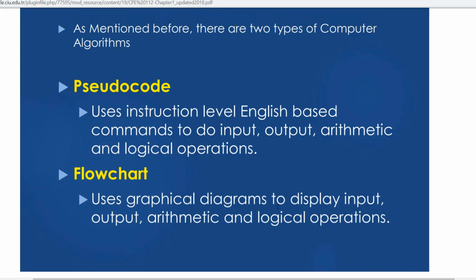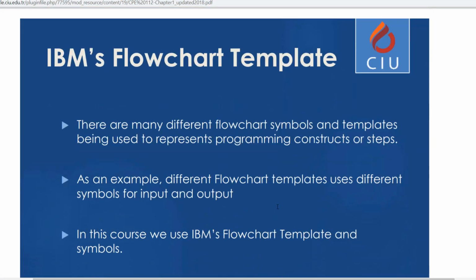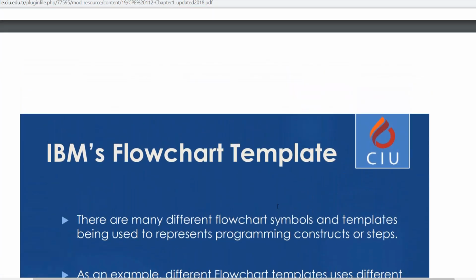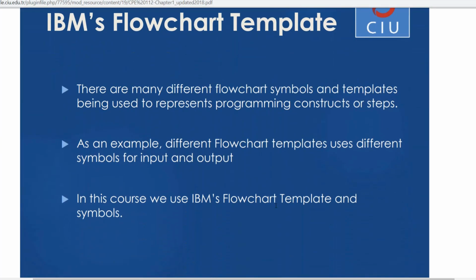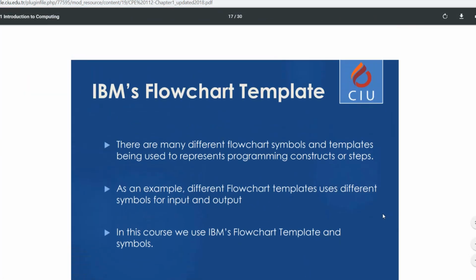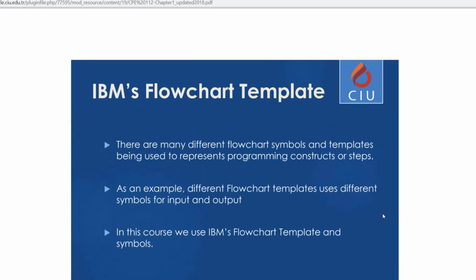Now, when we mention graphical symbols, we need to look at which graphical symbols we can use. Whenever we're going to generate a flowchart as a computer algorithm, you need to select a specific template. There are multiple variations, multiple themes that you can use in flowcharts.